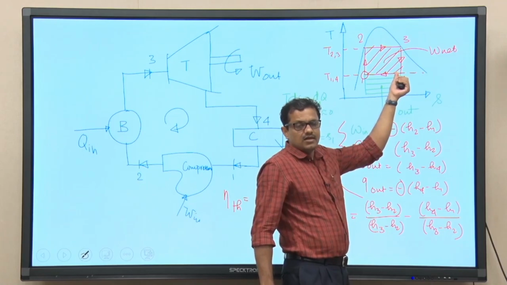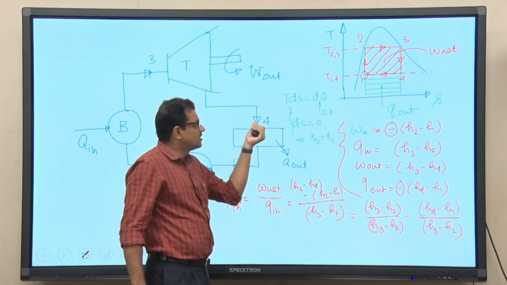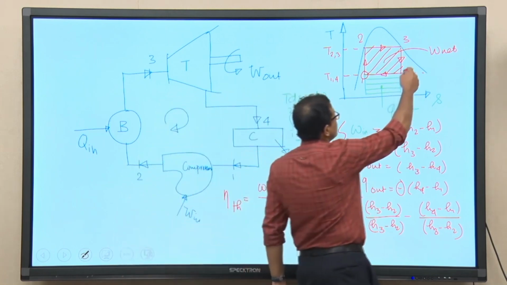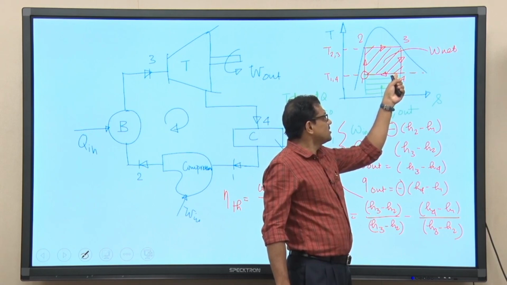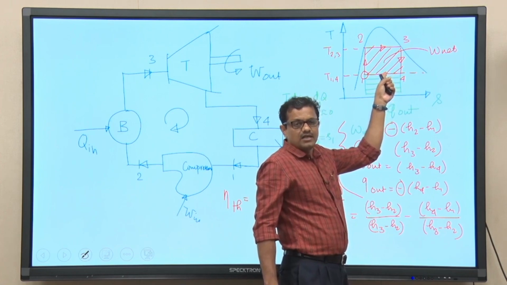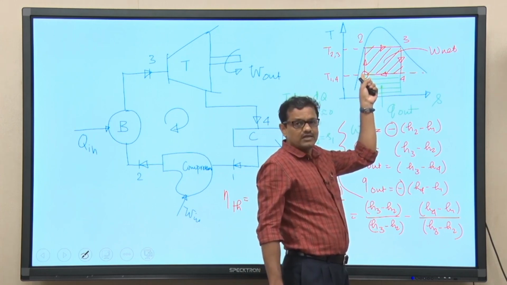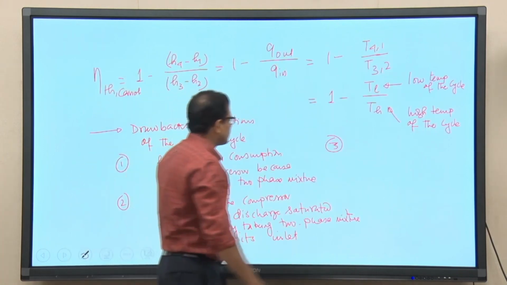So the exit stream quality at 4 is not just a saturated stream at that particular temperature, rather it is a two phase mixture, but the condensation process will terminate at state point 1, which is also not the saturated liquid. So this is also not very easy.